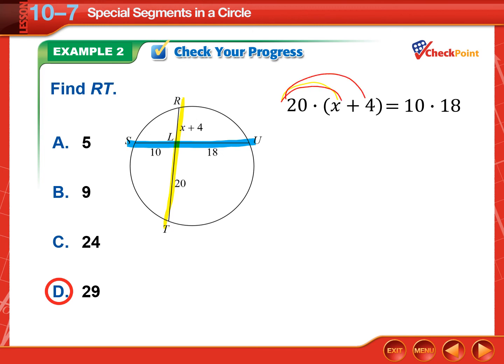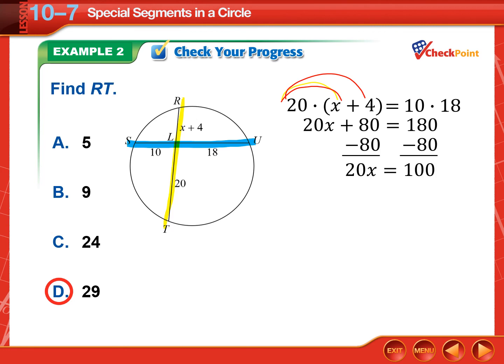Can't really see the yellow. Okay, so we got 20x plus 80 equals 180. So I got to subtract 80 from both sides. That's easy enough. And then the last part, as always, is divide by 20. So I get x equals 5.